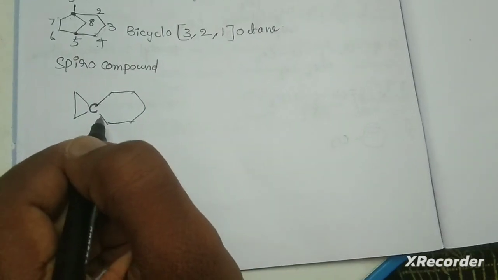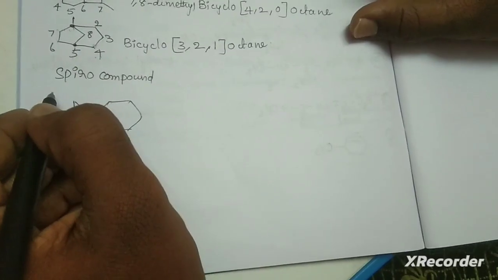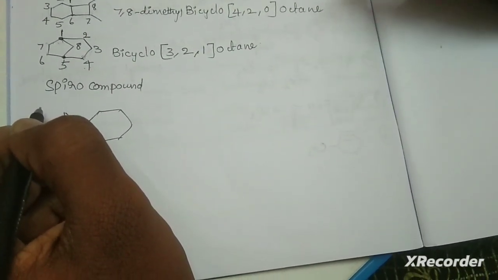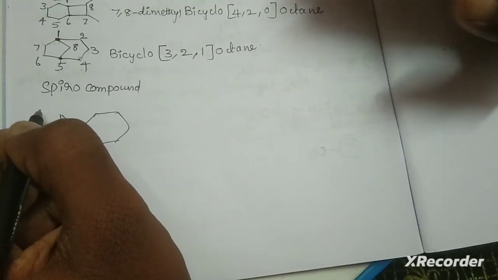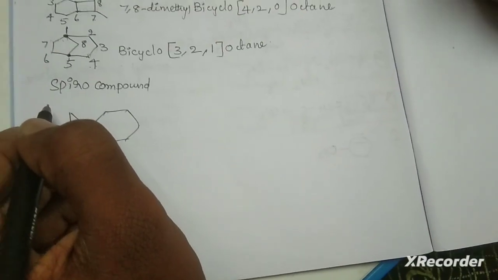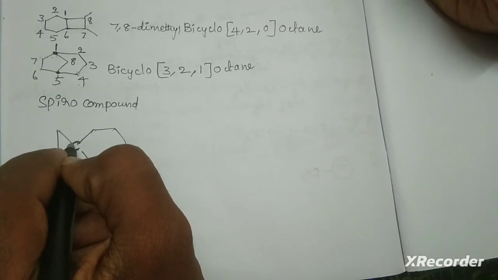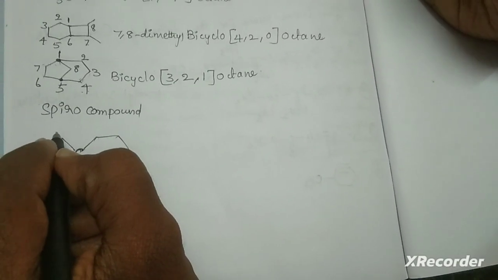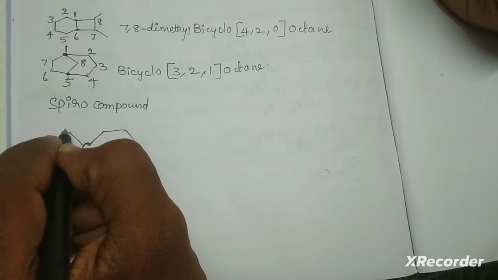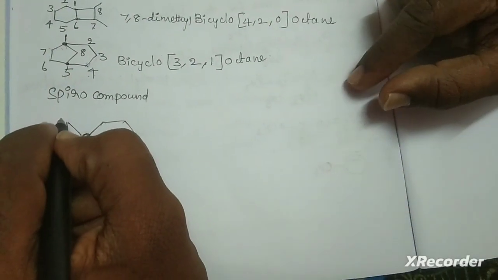When you are giving the numbering to spiro compounds, you have to start with the smaller ring. This is the difference between bicyclo compound numbering and spiro compound numbering. In bicyclo compounds, you start with the bridge carbon followed by the bigger ring, then the smaller ring. And in spiro compounds, you start adjacent to the common atom, on the side with the smaller ring.